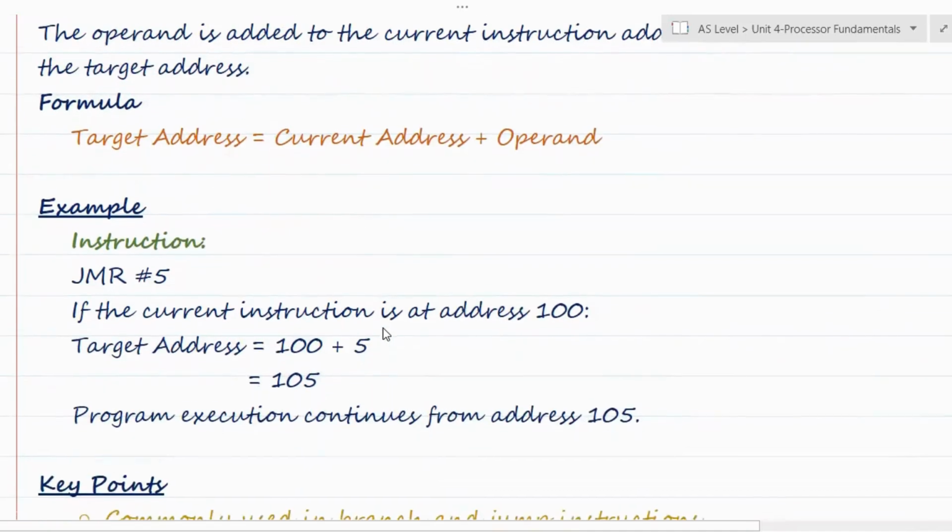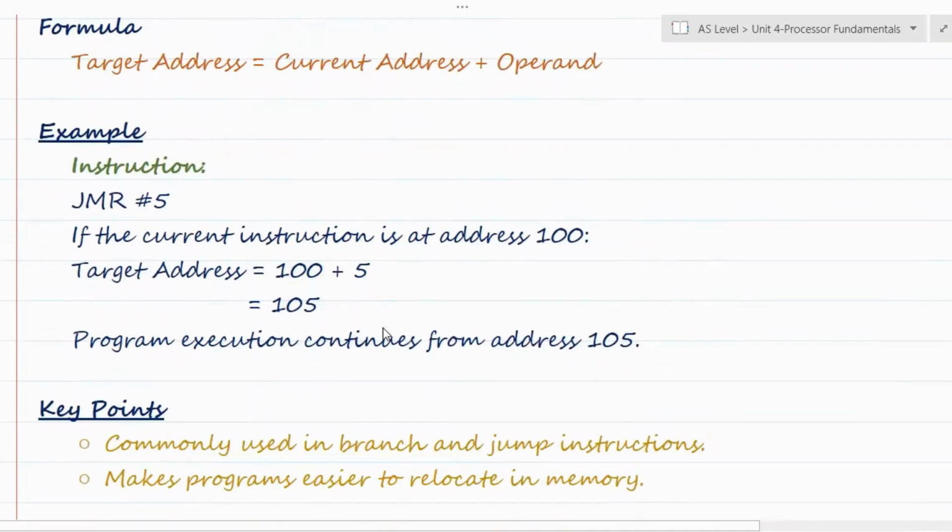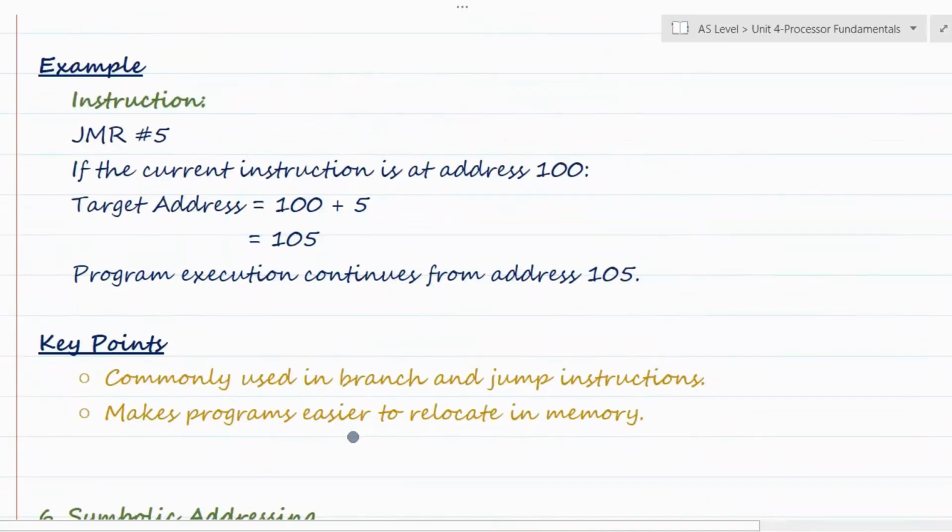Suppose you have the instruction JMR #5, the processor calculates the target address by adding 5 to 100. So the target address is 105, and execution then continues from address 105. This addressing mode is commonly used with jump and branch instructions and makes the program easier to relocate in memory.